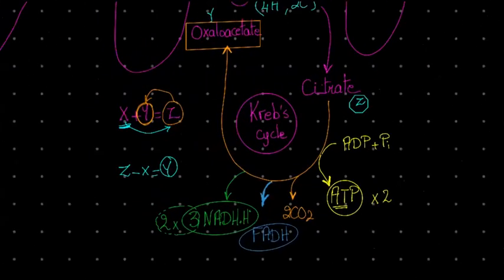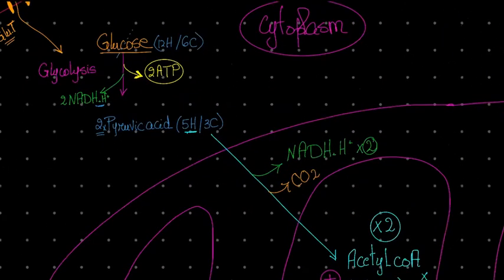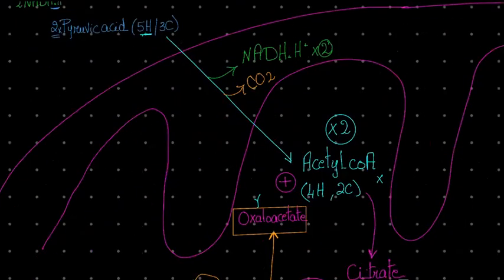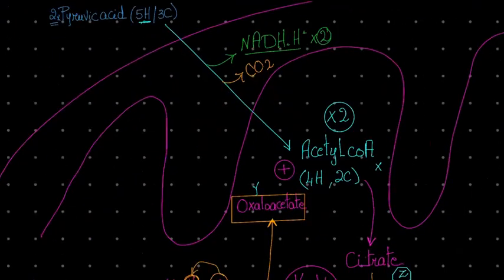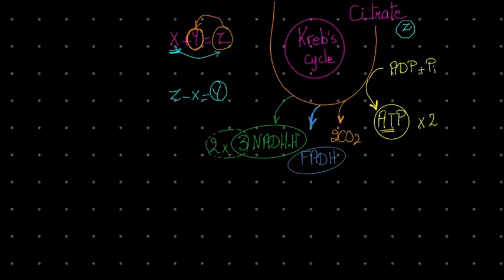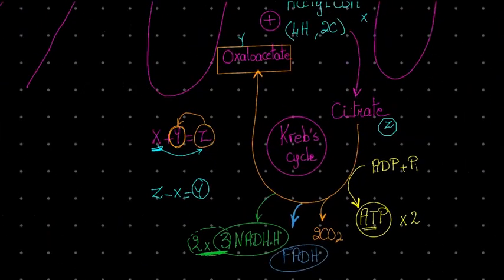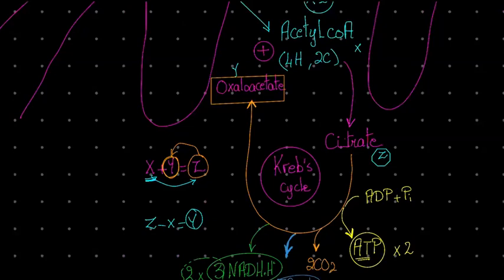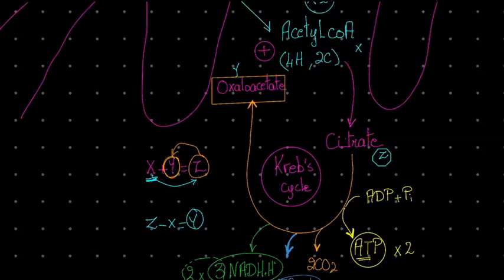All right, so again, I've lost 2 hydrogens while I'm transforming the pyruvate into acetyl-CoA. I've lost 6 hydrogens when I'm breaking down the 2 acetyl-CoA in the Krebs cycle.